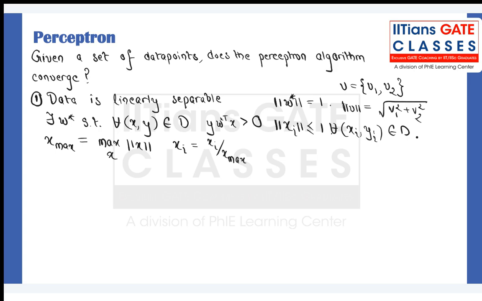Okay. The second thing that I will assume here is that there is something called a margin. Let me denote that by gamma, which denotes the minimum across all data points xi comma yi belonging to D of the distance of that point from the hyperplane.